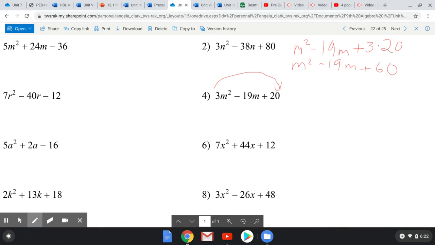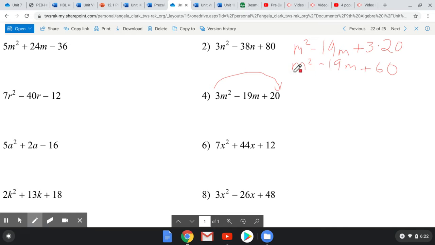Now we're going to factor this like we did in the previous worksheet, when the coefficient is 1, because essentially we've just forced this to have a coefficient of 1, which it doesn't have, right?